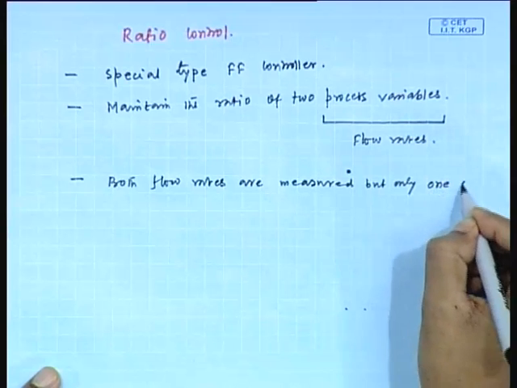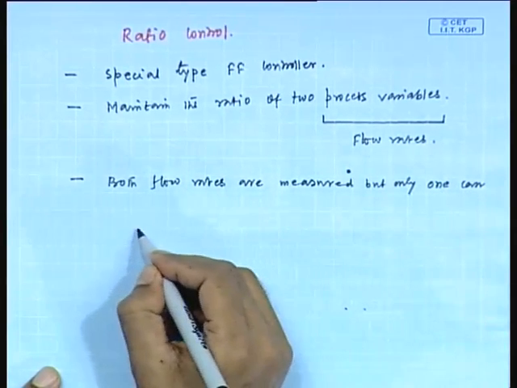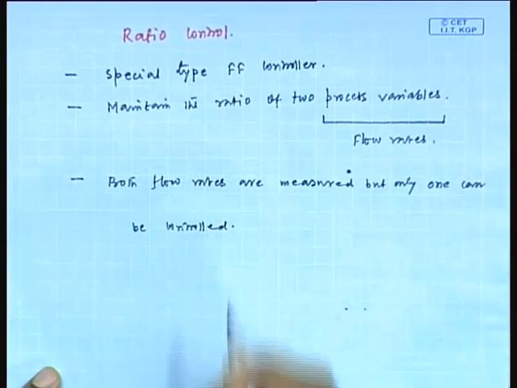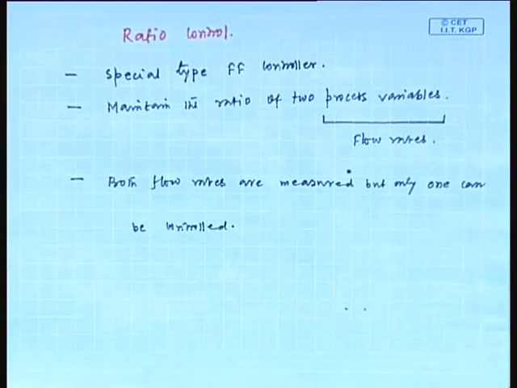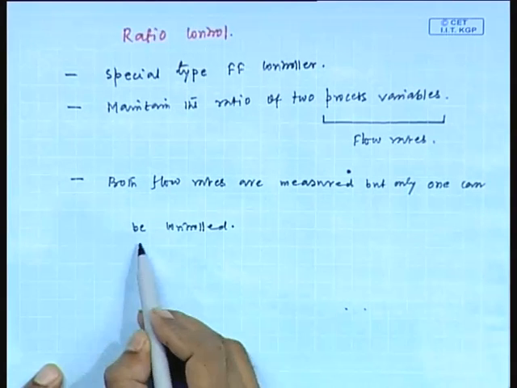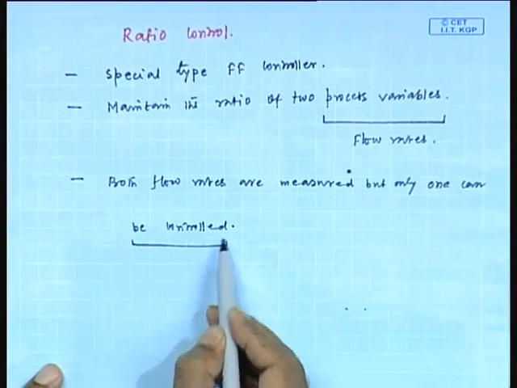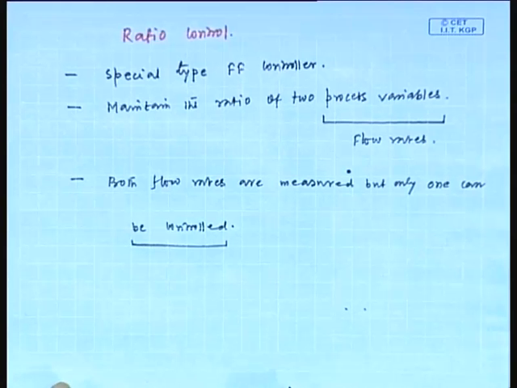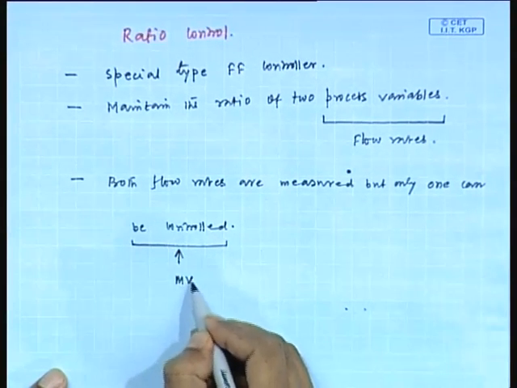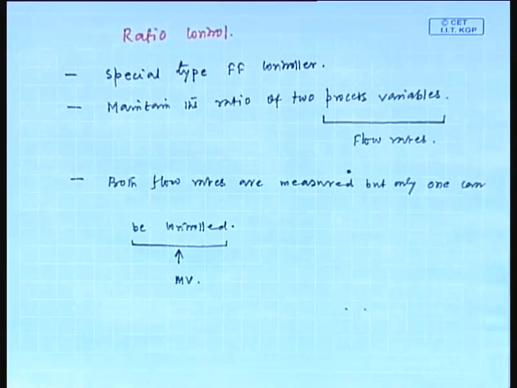Fine. Now, the one which is controlled is called the manipulated variable, and the other flow rate is not controlled, that is basically the disturbance variable.